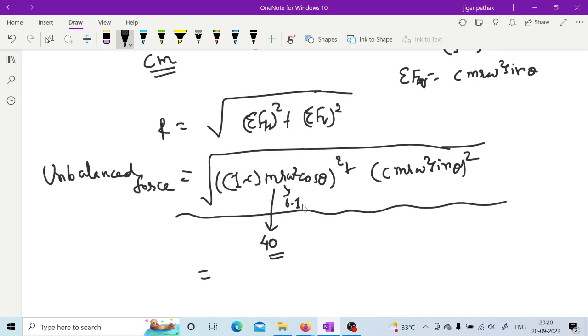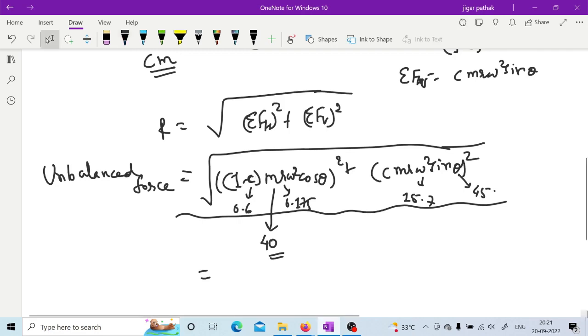R is 0.175, this omega in both the cases 15.7, theta is 45. So can anyone tell the answer? C is 0.6. Can anyone tell the answer?